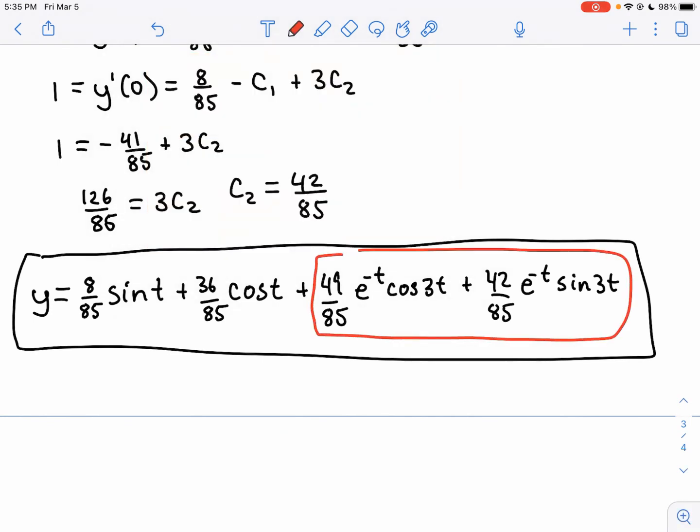So this portion right here will approach 0 as t approaches infinity, because those exponentials will drown them out. That's the damping part. The damping characteristic of the spring is going to kill this portion of our solution to the differential equation, which means we're going to settle into a function that looks more like this function. This is called the steady state.